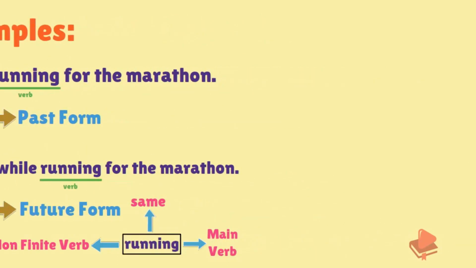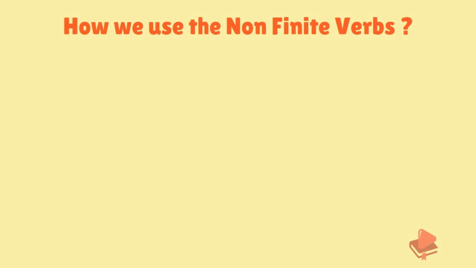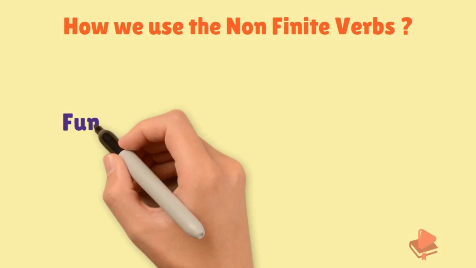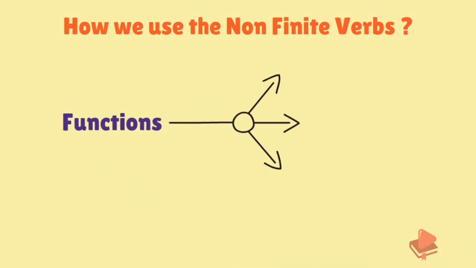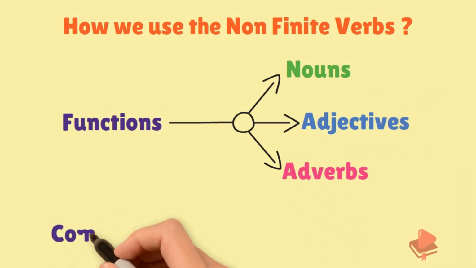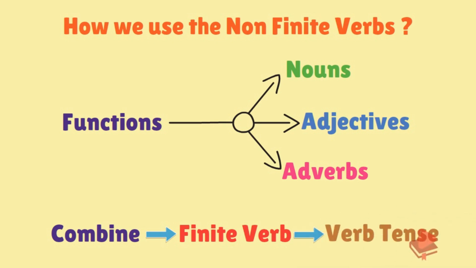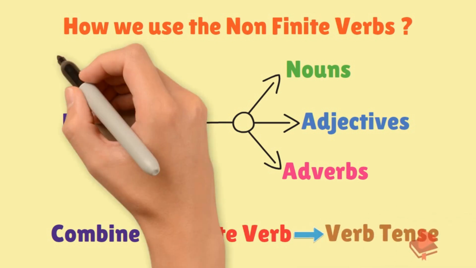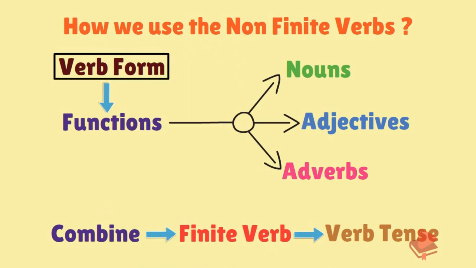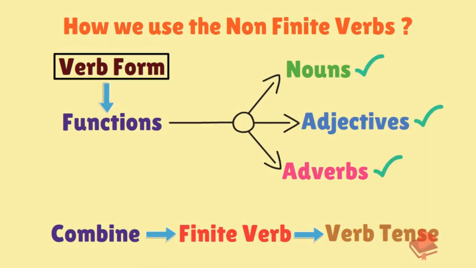Now let's understand how we use the non-finite verbs. Non-finite verbs function as nouns, adjectives or adverbs or combined with a finite verb for verb tense. That means non-finite is a verb form that can function as a noun, as an adjective or as an adverb.